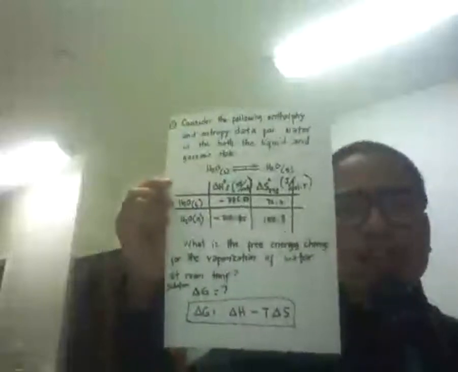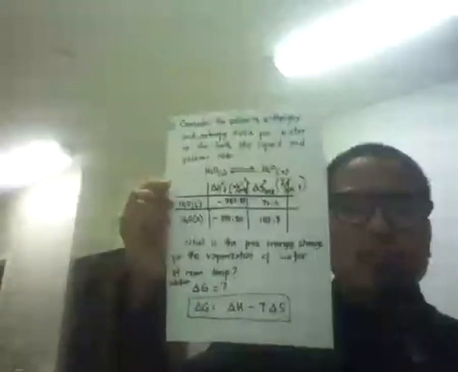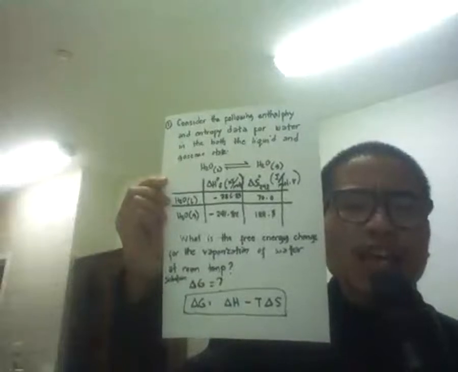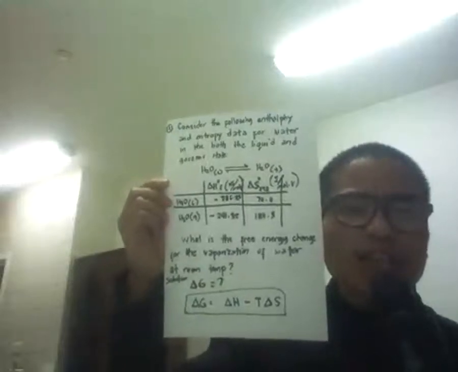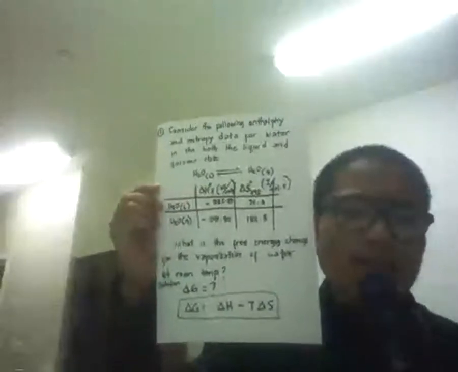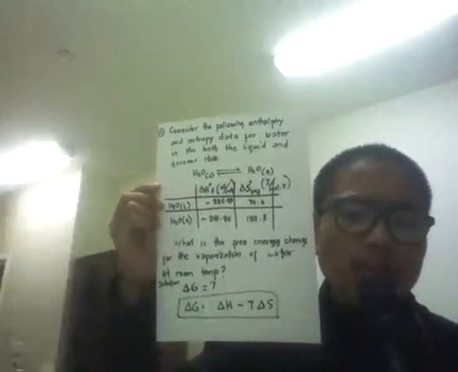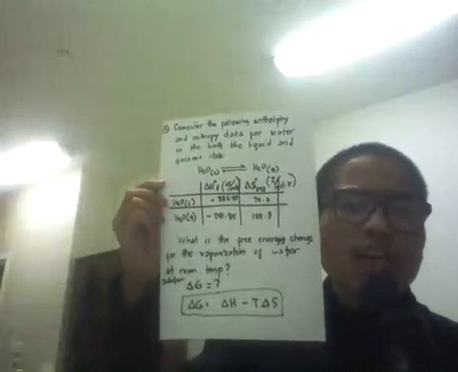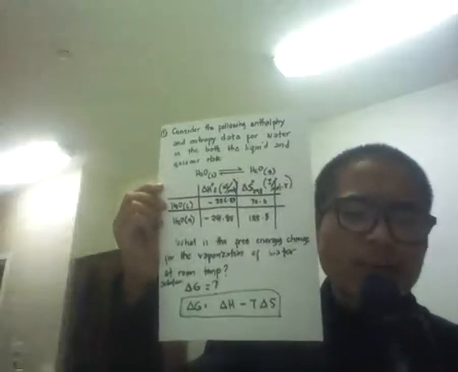A small circle at the top of the delta H and of the entropy means standard. So we need to compute first the change of standard free energy, delta G standard of the reaction.